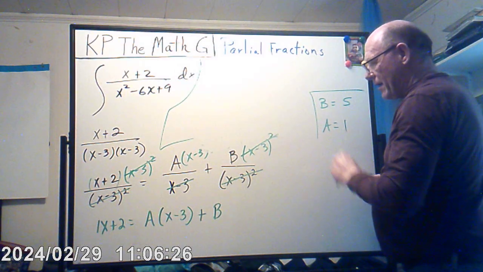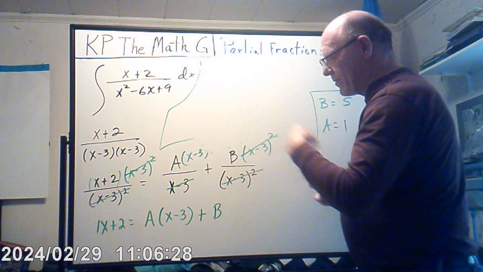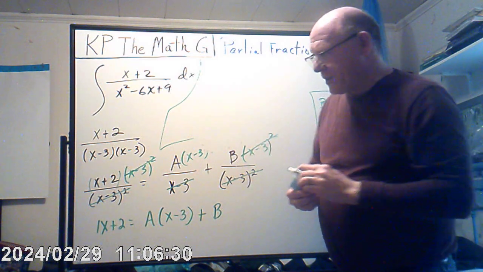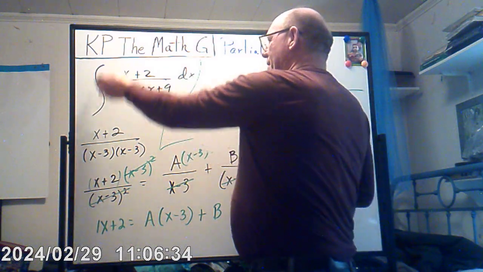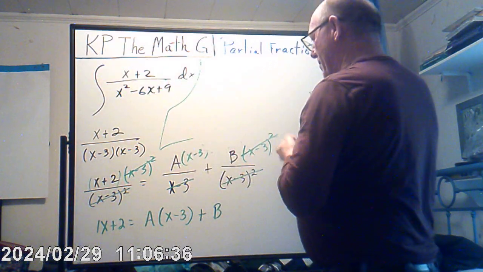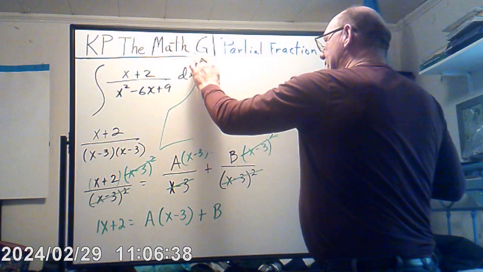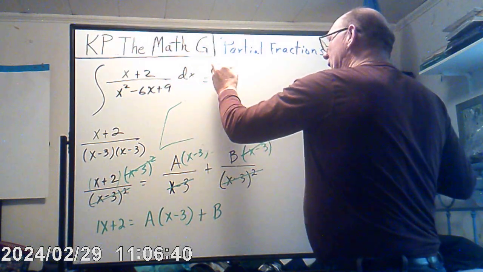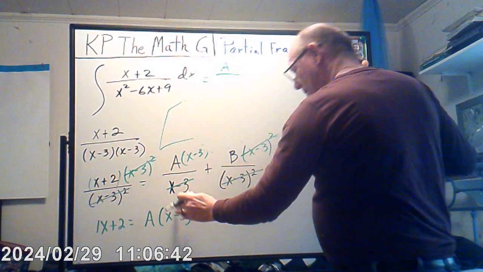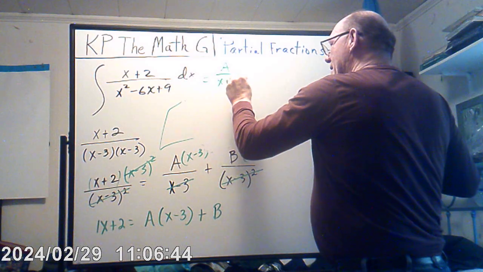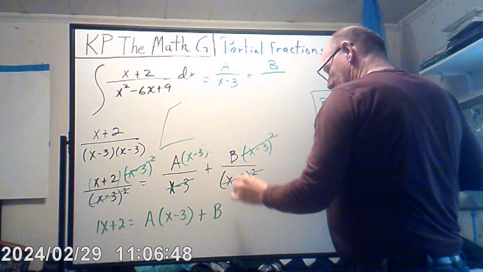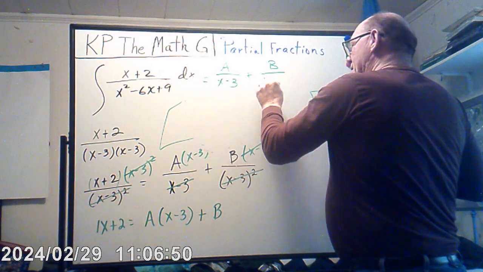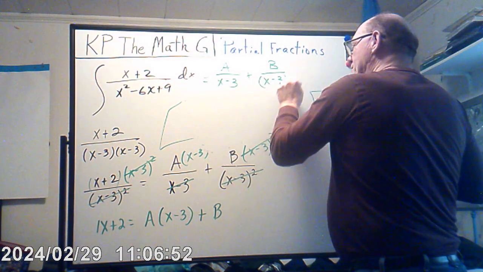Let's flip the board over so we can have a fresh look at this. So I'm integrating this now, right? Now remember, we said that was equal to a over x minus 3 plus b over x minus 3 quantity squared.